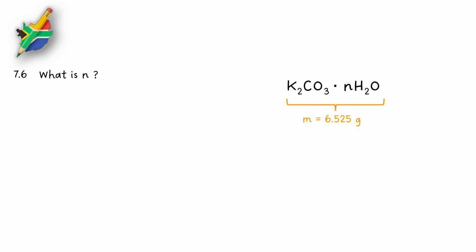We know the mass of the entire salt weighed out to make the titration solution. It is 6.525 grams. And this mass includes the mass of potassium carbonate as well as the waters of crystallization. We know the concentration of the solution that was prepared from this mass. We calculated it in a previous question. And we are told the volume of the solution.